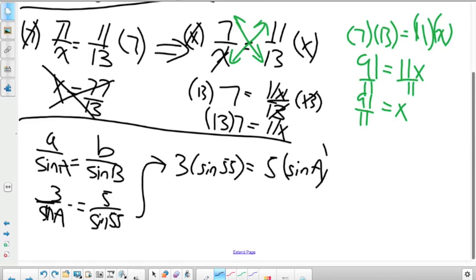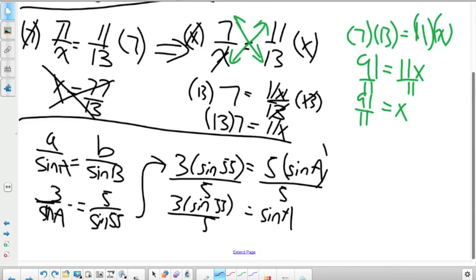Now to solve for A, we need to get the sine by itself first. Same thing that we did over here, we needed the x by itself. We needed the sine of A by itself first, so we need to divide by 5 first. So sine of A is 3 times sine of 55 over 5.